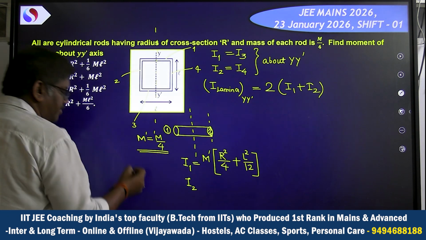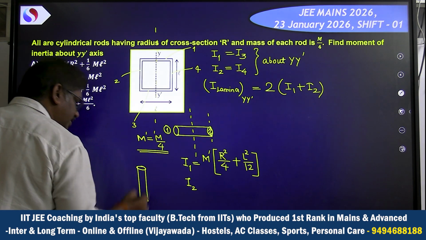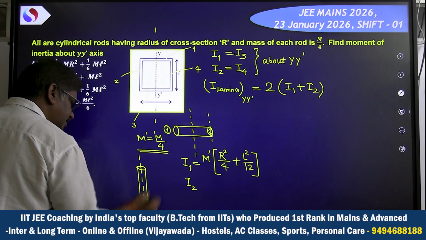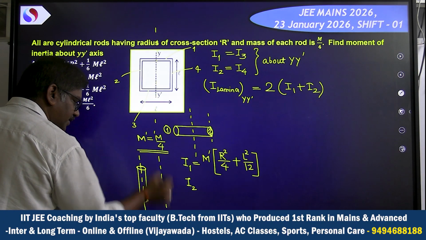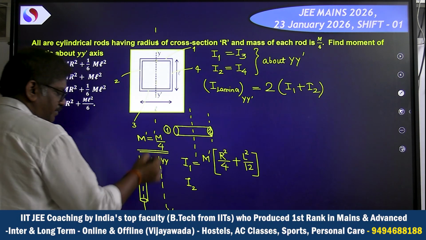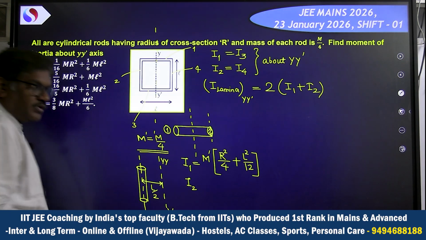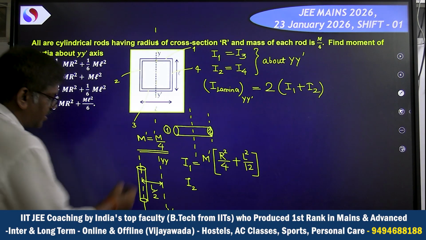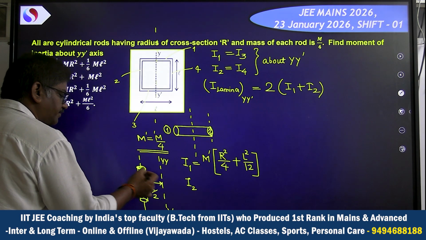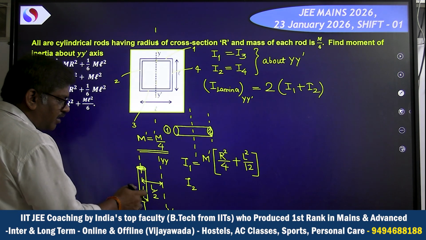So the second portion, I am taking a vertical cylinder, so this is the axis of the vertical cylinder, and y dash, the axis will be at a distance L by 2. So now in this case you have to consider this solid cylinder as a disk passing through the center and perpendicular to the plane.